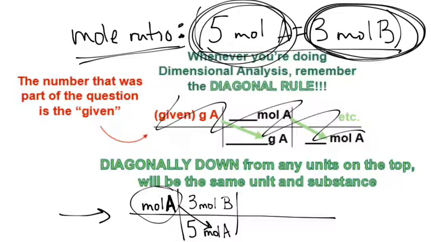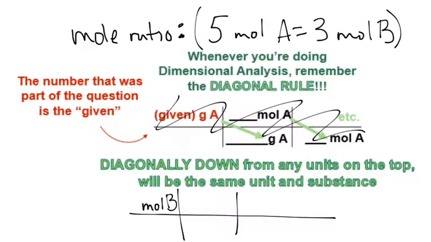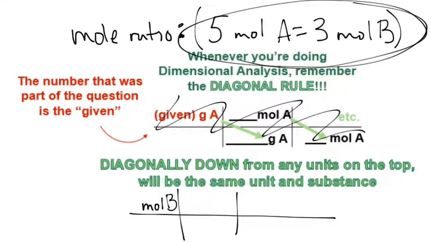Now, let's imagine a very similar situation. This technically wouldn't happen according to our map, because we'd always be starting with A and ending with B because they're just placeholders. But let's imagine I was starting with moles of B, following through our diagonal rule with that same mole ratio.